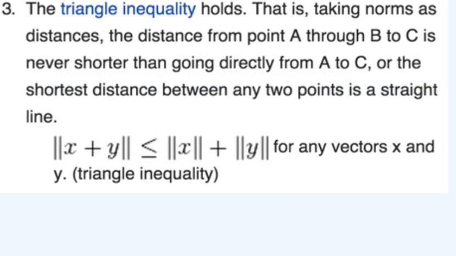Next we have the triangle inequality, which is taking norms as distances. So the distance from point A through B to C is never shorter than going directly from A to C, because the shortest distance is along the line.